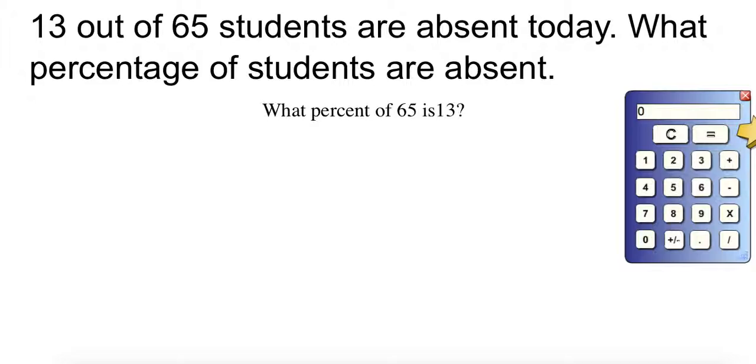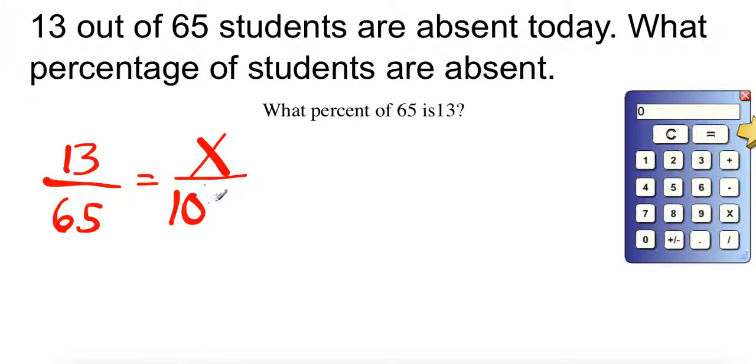So again, just like last time, we're going to create a proportion. I know that it's 13 out of 65. This 13 is the part of the students that are absent. And the 65 over here is 100% of the students. Now, I don't know what percentage this is, but I do know we always compare percentages to 100.